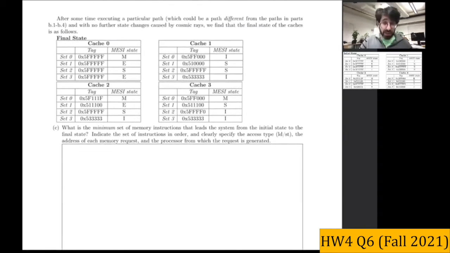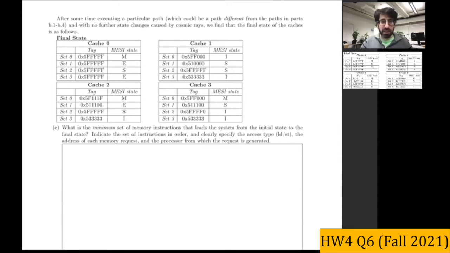After some time executing a particular path, which could be a path different from the paths in the previous parts, and with no further state changes caused by cosmic rays, we find that the final state of the caches is as follows. The question is, what is the minimum set of memory instructions that leads the system from the initial state to the final state?